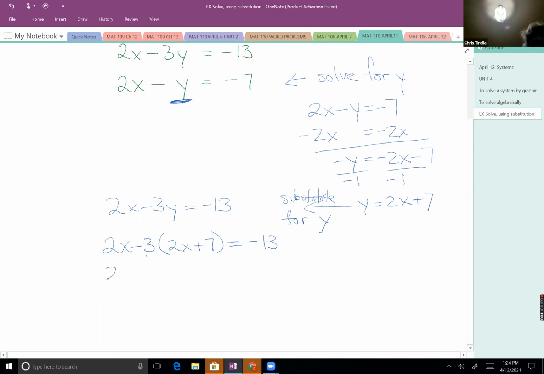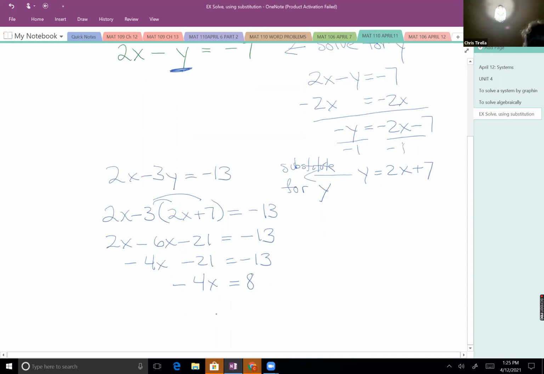That'll give me 2x, let's see, I gotta distribute here, minus 6x minus 21 equals -13. So that'll give me -4x minus 21 equals -13. So adding 21, I get -4x equals 8. And dividing by -4, I get x equals -2.